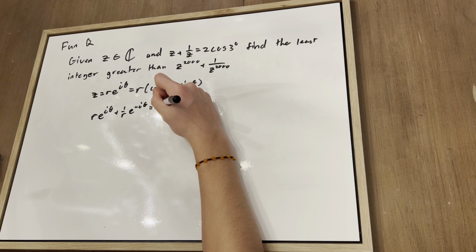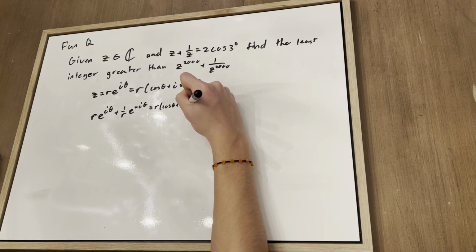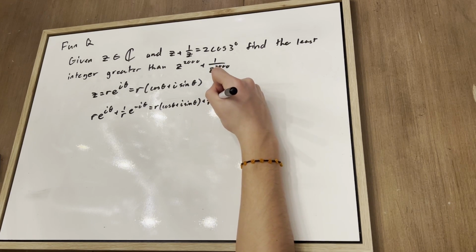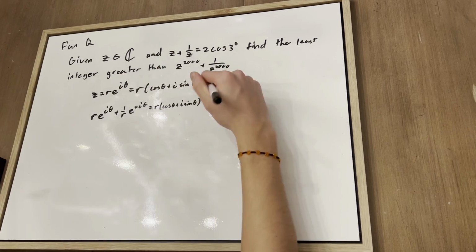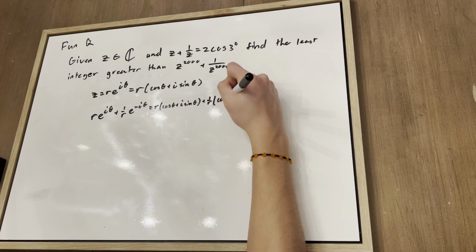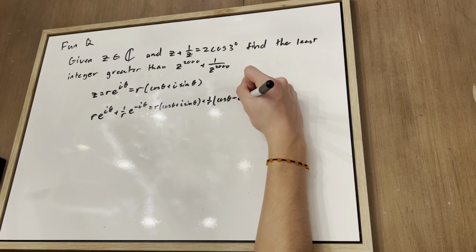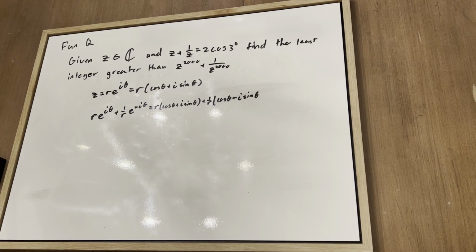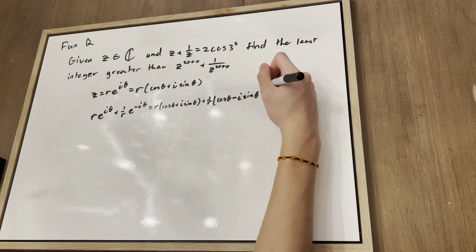So you get r cosine theta plus i sine theta plus 1 over r cosine theta minus i sine theta, since from here we have a minus theta, and we know that sine of minus theta is the same as negative sine of theta.